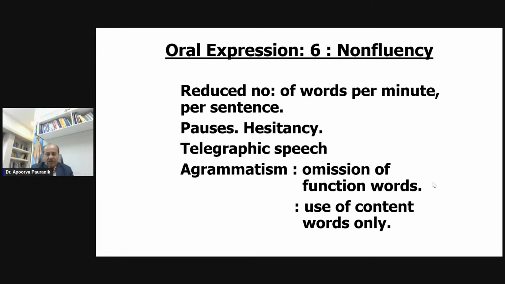What are content words? Function words are auxiliaries and prepositions and conjunctions, all those grammatical words. And what are the content words? The noun, the adjective, and the verbs. So in patients with Broca's aphasia, non-fluent aphasia, who are having agrammatism, they will mainly use the content words. And when we make a sentence, they will not be using the grammatical words.